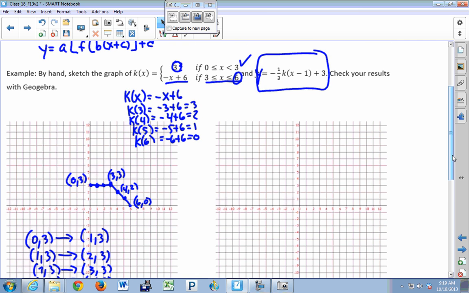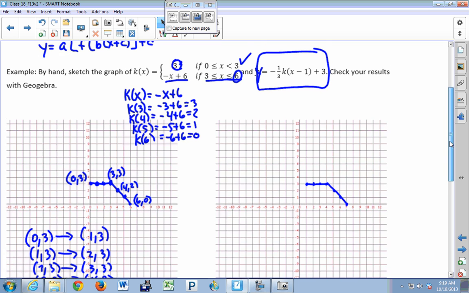That's the first shift. So I'm just going to move this over. Instead of starting now at 0 for my domain, I'm going to start at 1. So I got 1, 2, 3, 4. The horizontal value 3. And instead of ending at 6, 0, I'm going to end at 7, 0. And then I'm just going to take the points like a little tic-tac-toe here, right on the 45-degree angle there.